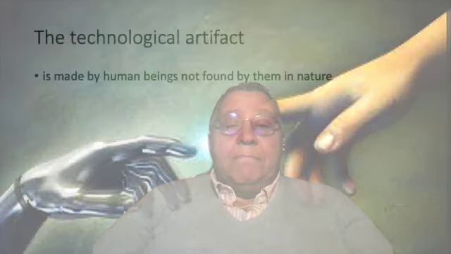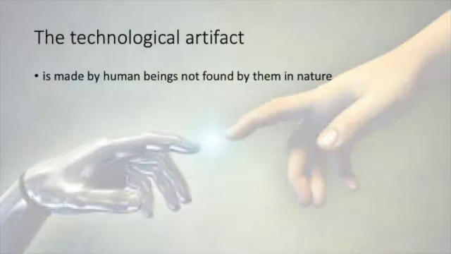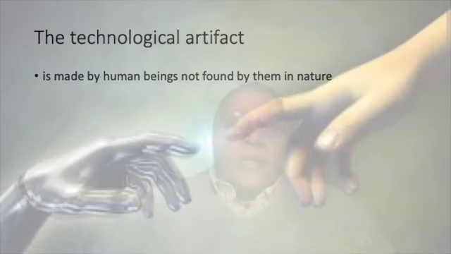At this point, we get to examine one of the most important namings of technological things, the artifact. An artifact is something made by human beings and not found by them in nature. The smartphone is an artifact. The human voice is not.